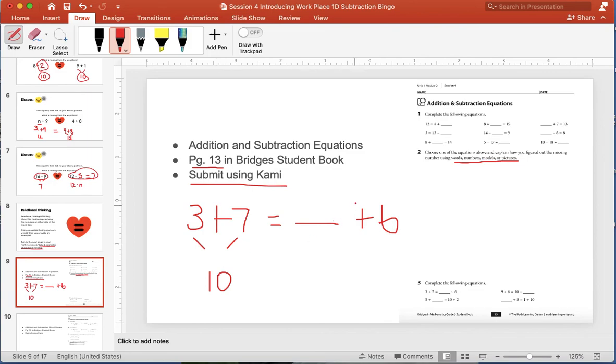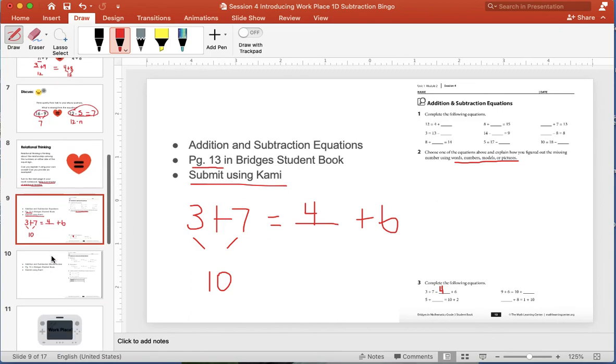Now I want to know what plus 6 would also equal 10. I know my facts, so I know that 4 plus 6 equals 10. So my answer right here that I would write is 4. When you're done with that, again, submit it using Kami, or you can complete it all on Kami.